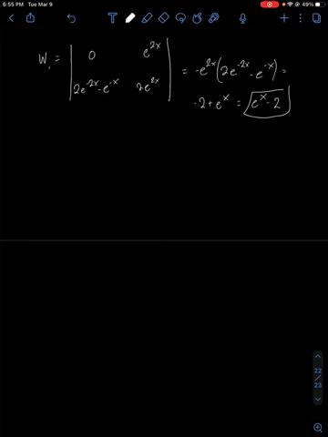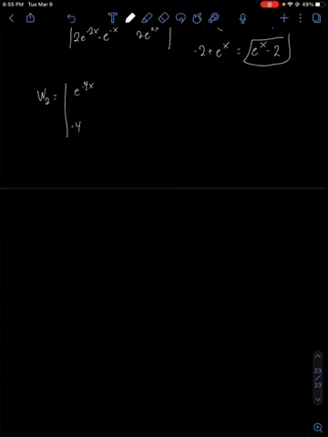Before I make a really dumb mistake, I just want to check and mentally see if that's correct. So minus 2, and then the exponents add, so that is 0. So that is going to be minus 2, and then negative and negative makes it positive. e to the 2x plus minus x is just e to the x, so that is correct.